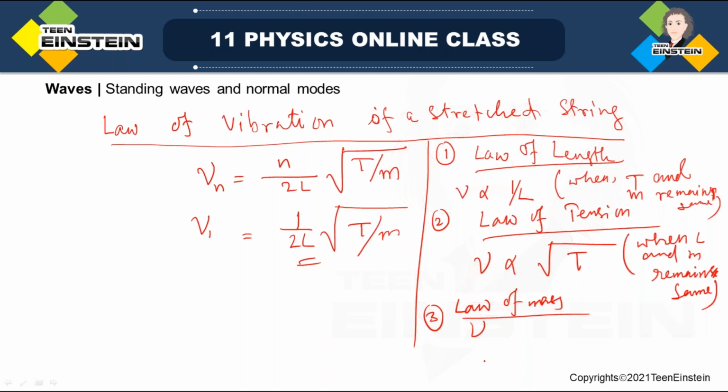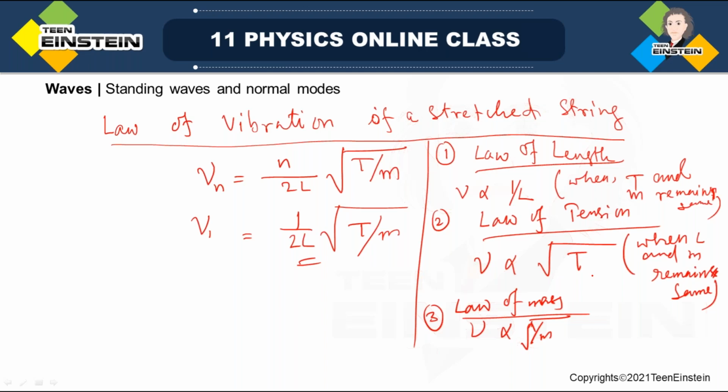The fundamental frequency of a vibrating string is inversely proportional to the square root of its mass per unit length, provided the length and the tension remain same. Mathematically, nu 1 is proportional to the square root of 1 by m. Okay, so these are three laws.